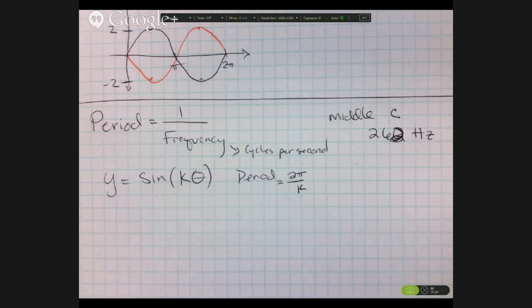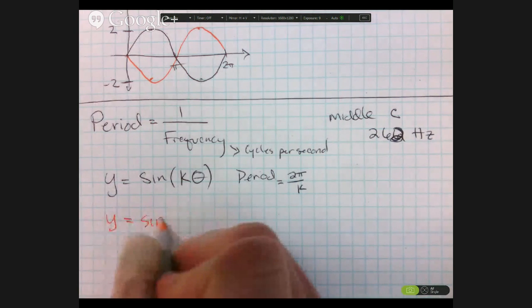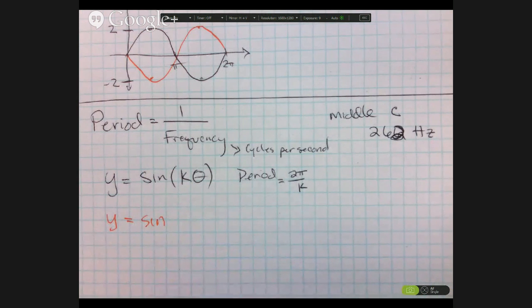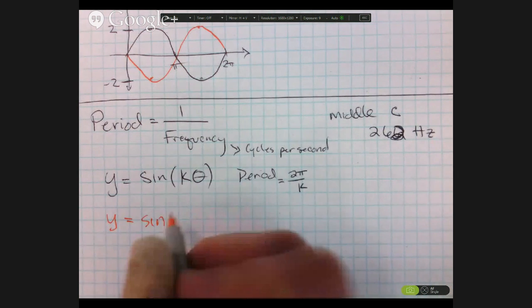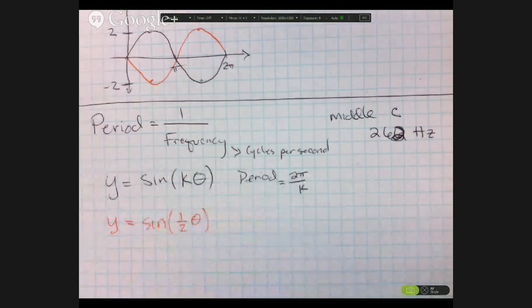So there's a little process here. Let's graph. Give me a value for K that's nice. Let's try something fun. Okay, so K is 1/2, correct?